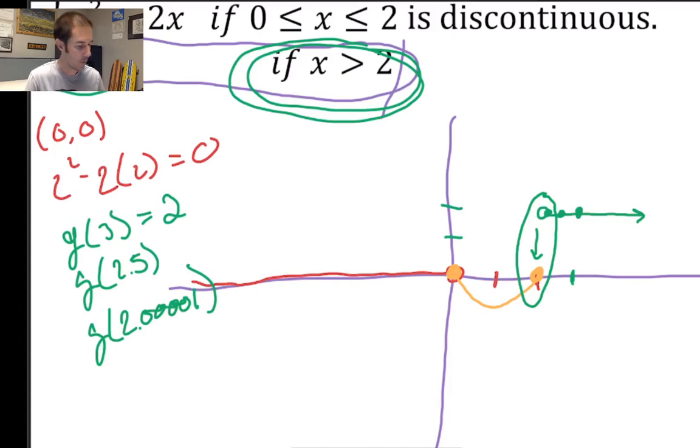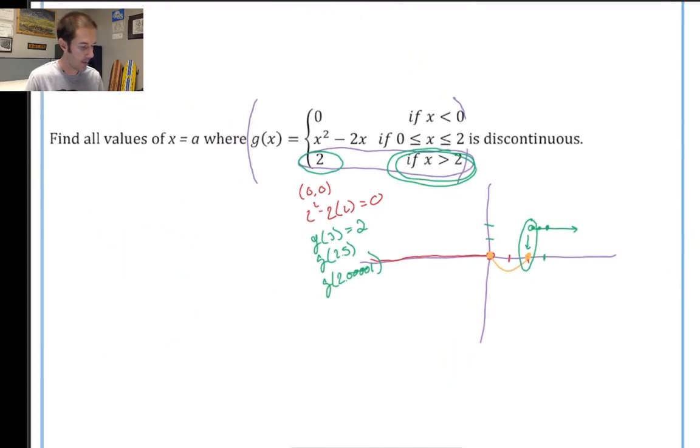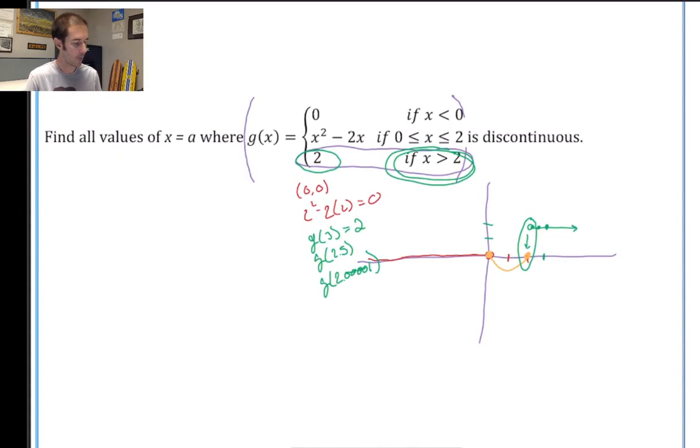So the answer to the question, let's read the question one more time: find all values of x equals a where the function is discontinuous. The answer is where, or when, x equals 2, we have a discontinuity. So that's a little bit of a labor-intensive process, but it is a good thing that we went through the motions because we found ourselves a discontinuity.